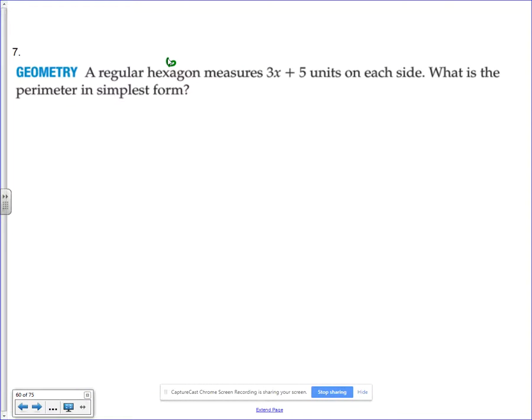Okay. What is the perimeter? No, the perimeter. What does that mean? The length around the outside. So I would have to do what with all my sides? I would have to add them all up, right? And how many of them are there? 6 of them. I can just multiply by 6 because aren't they all the same? How do I know they're all the same?